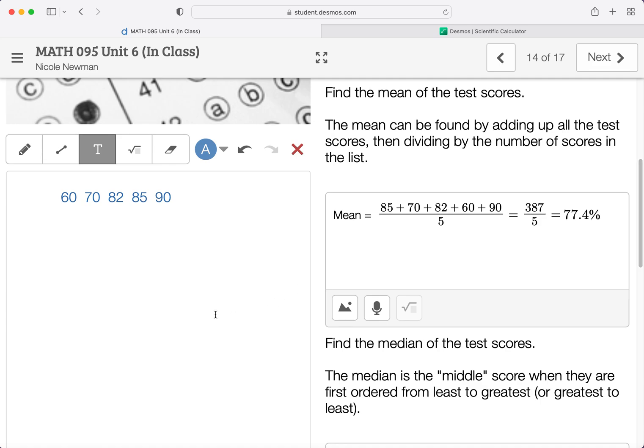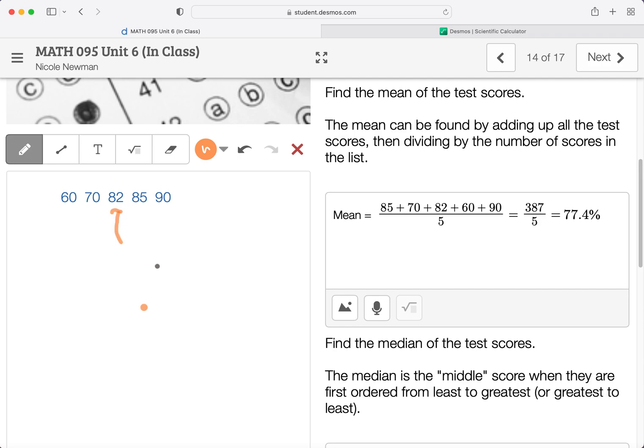All right. So the median is the middle. Well, if you take 5 scores and divide by 2, you'll get 2.5. And that means 2.5, bump it up to the next whole number. That would mean the third entry should get the job done. 1, 2, third entry is right here. So it's looking like it should be 82%.